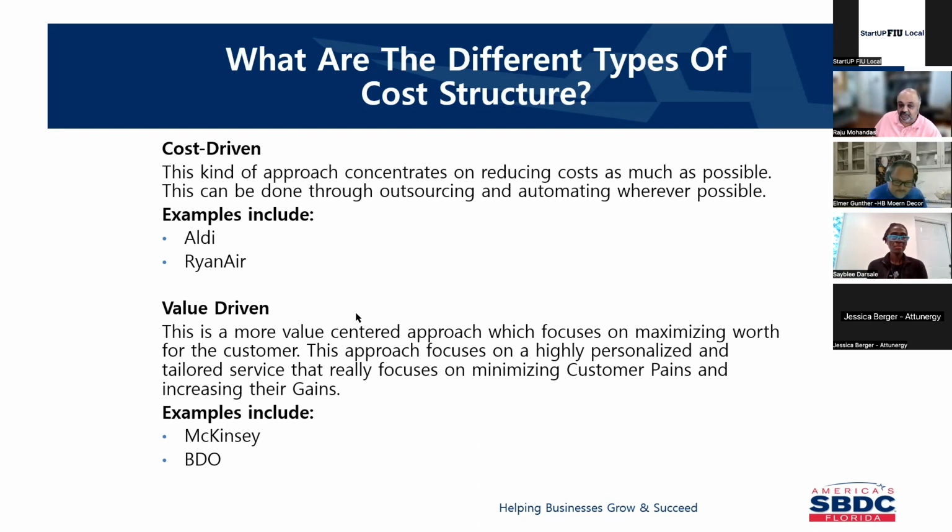So just to understand that you have two kinds of cost structure, cost driven and value driven. You need to decide where you are in that segment. Most of us, because we're small business owners, should be in the value driven. We don't have the scalability of being cost driven.